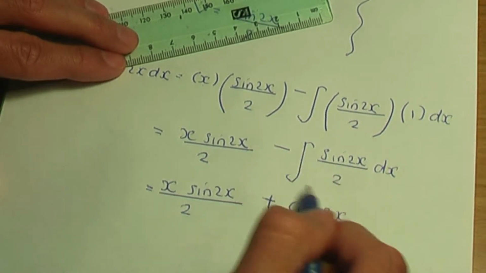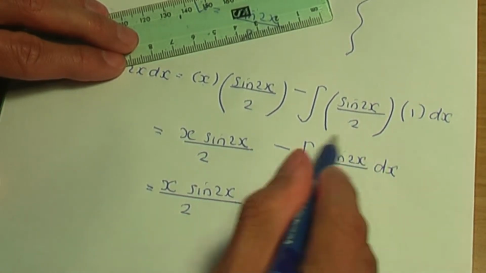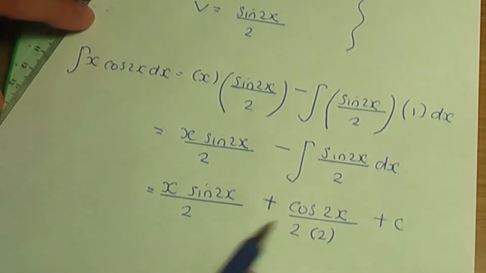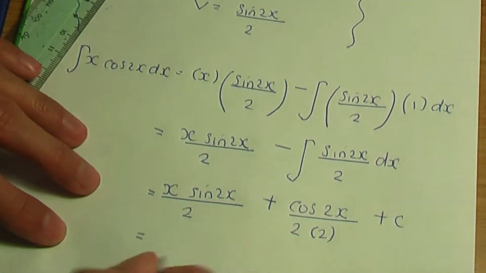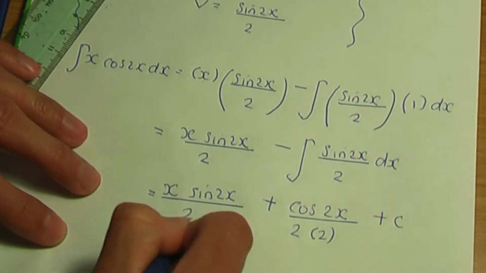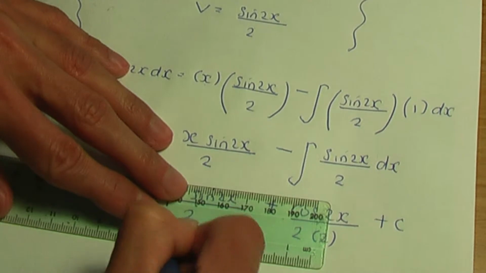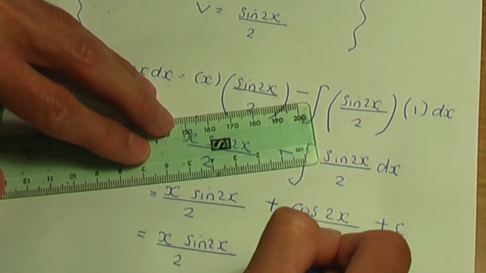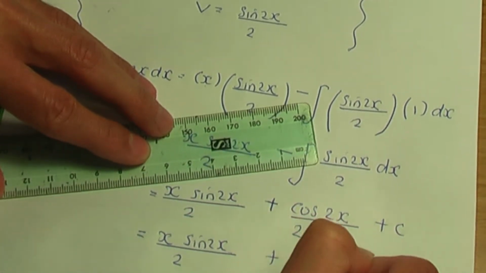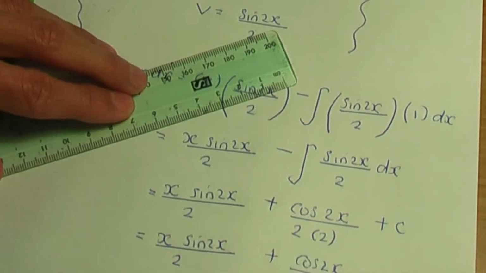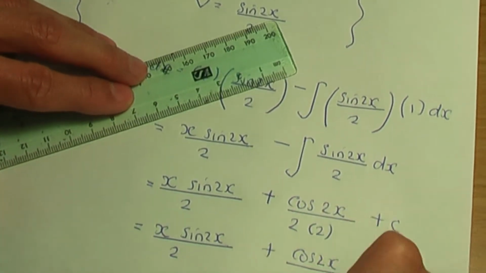Okay, so be really careful when you do this integral, plus a c for completeness, as we don't have limits. So if we simplify, we're going to end up with x sine 2x all over 2 plus cos 2x divided by 2 times 2 being 4, plus the c at the end.